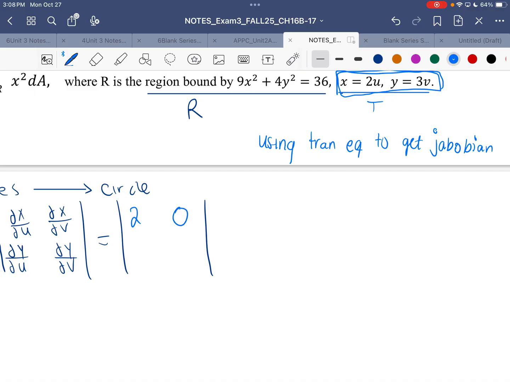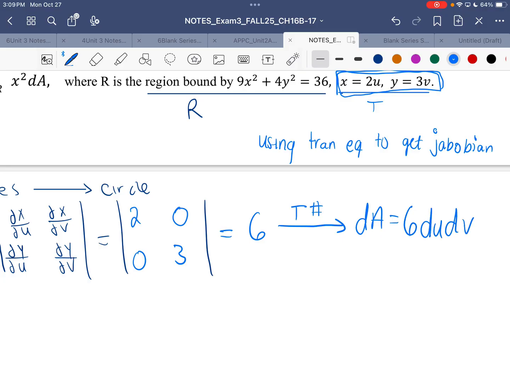X with respect to v, 0. Y with respect to u, 0. Y with respect to v, 3. And do your determinant. What's it equal? 6. So this is when we do transformation number 1. dA is going to become 6 du dv.